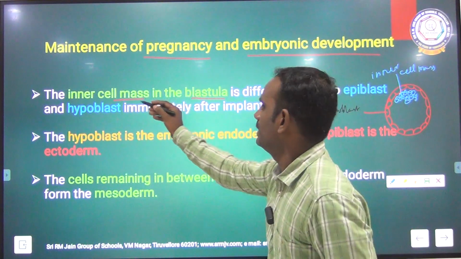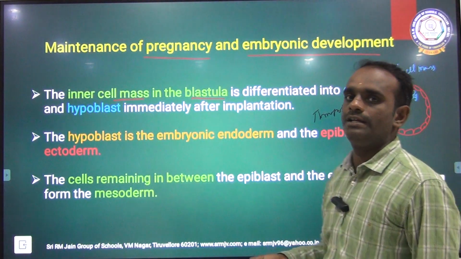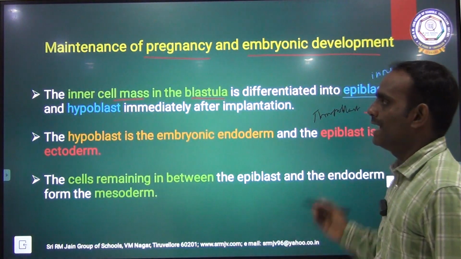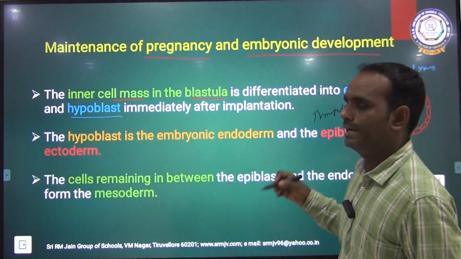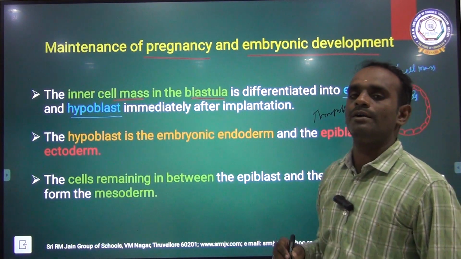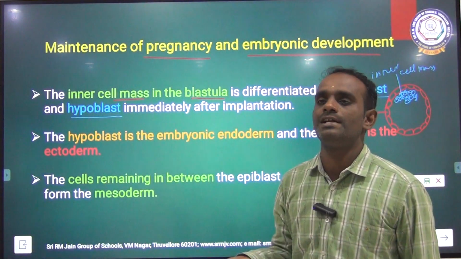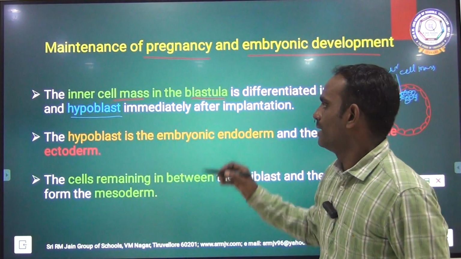The inner mass of this blastocyst is differentiated into epiblast and hypoblast. Once again I am repeating, the inner mass of this blastula or blastocyst is differentiated into epiblast and hypoblast.